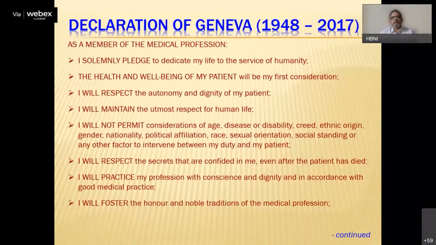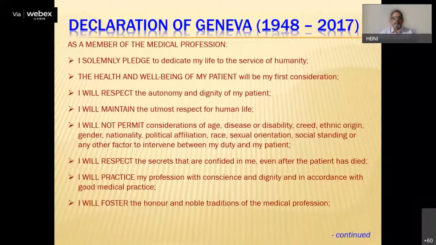So this actually was a declaration of certain responsibilities which were to be undertaken by the medical people. So this is more like an oath which is taken by the medical doctors before they venture into any medical intervention. So these are the points which say, I solemnly pledge to dedicate my life to the service of humanity.